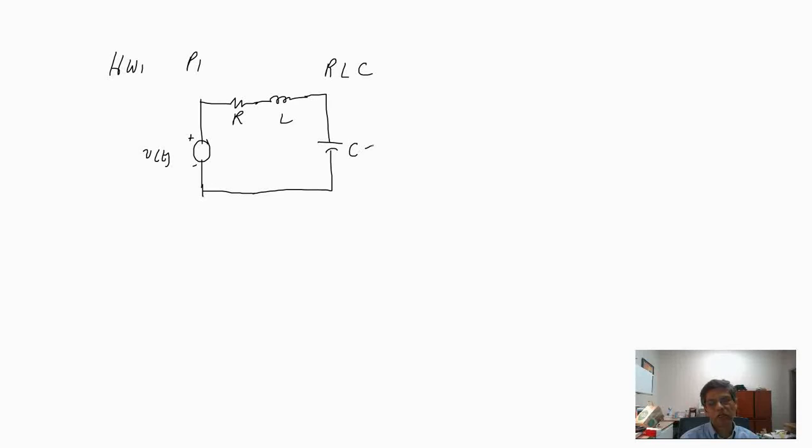Recall in the table in the previous lecture, we said that the impedance in the S domain, when it's a capacitor, we can express as 1 over Cs. And this one is basically S times L. This goes back to what you have learned before.